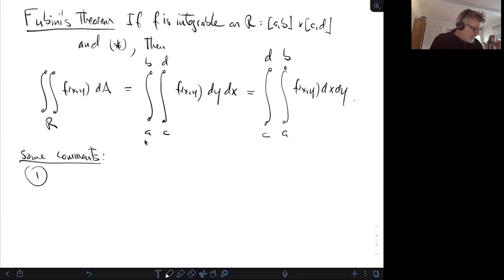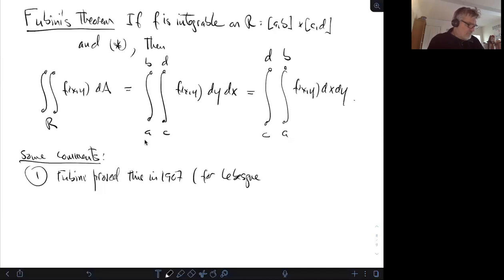So it's not that old. Now, the version that we're doing is actually older than that. It's from the 19th century. What's called the real Fubini's theorem is for the Lebesgue integral, which is more general. But that's just a historical fact.